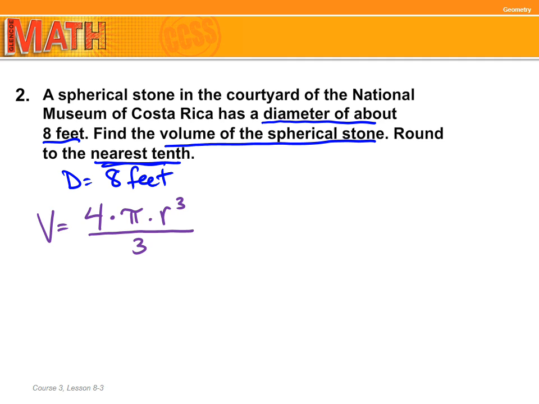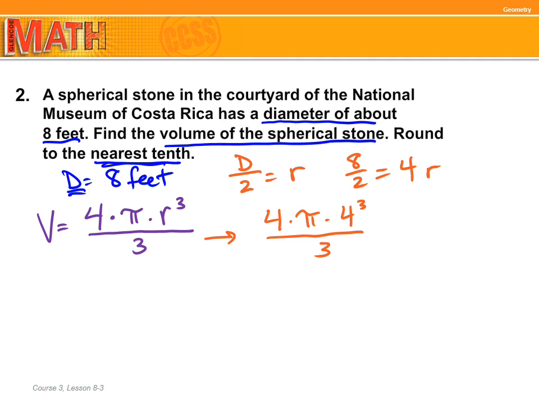The diameter is not part of the formula, but we can get the radius by taking diameter divided by 2. So 8 divided by 2 gives me a radius of 4. Let me rewrite my formula: 4 times pi times 4 cubed divided by 3.